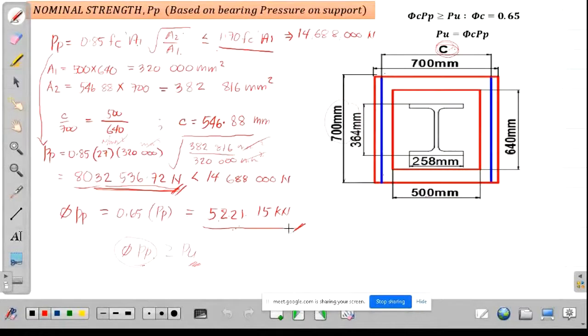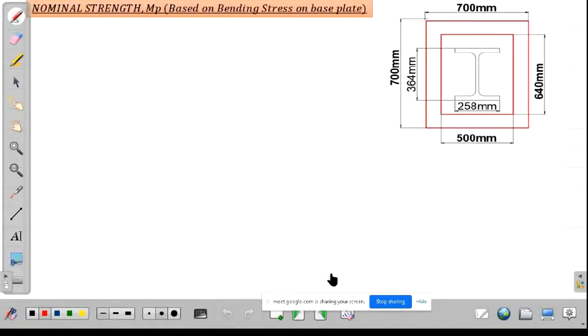So we have this value, that is based on the bearing pressure on support. So we also check based on our bending. Based on bending stress on base plate, we have the equation that T is greater than X times the square root of 2PU over 0.9 B FY.